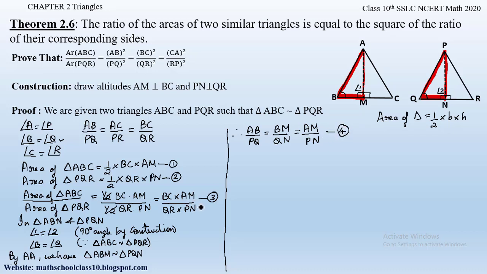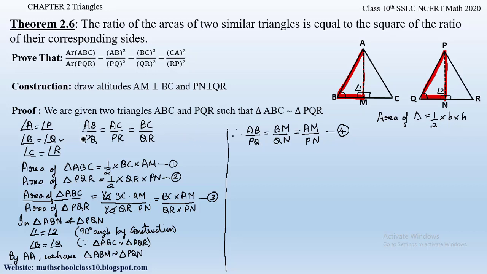So now if you look at equation 3, area of triangle ABC by area of triangle PQR is equal to BC by QR into AM by PN. So instead of AM by PN, we can substitute AB by PQ, because this is equal to AM by PN, right? Similarly, BC by QR can also be made equal to AB by PQ.